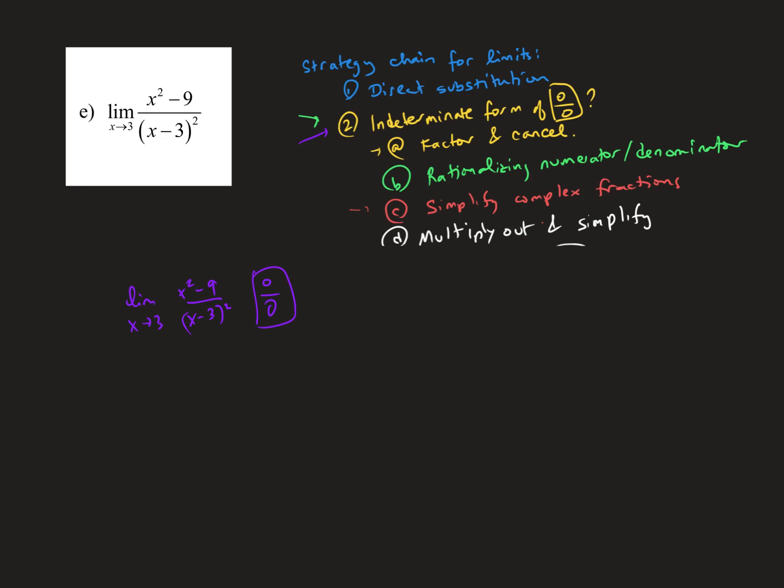The thing on the bottom is already factored. And the thing on top factors really easily. Now, there's my offending factor, the thing that's giving me 0 on top and bottom, x minus 3.